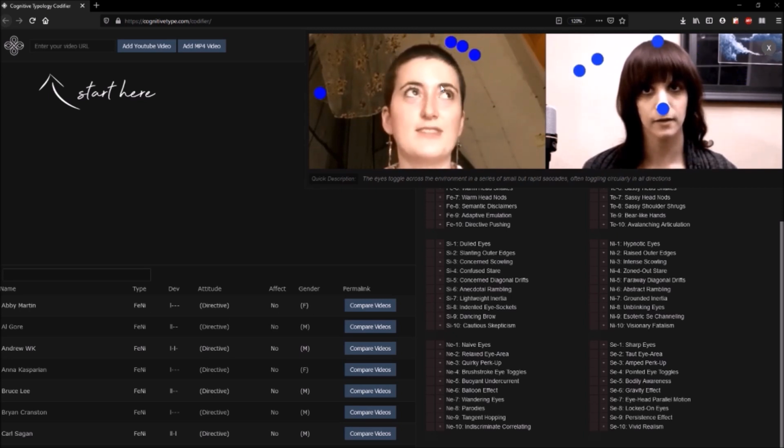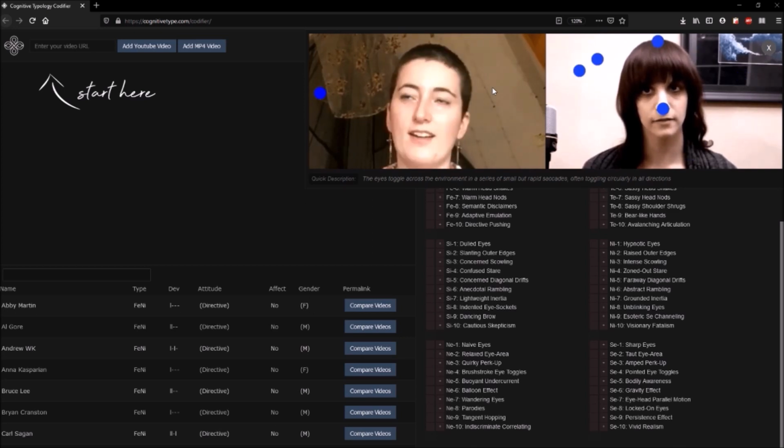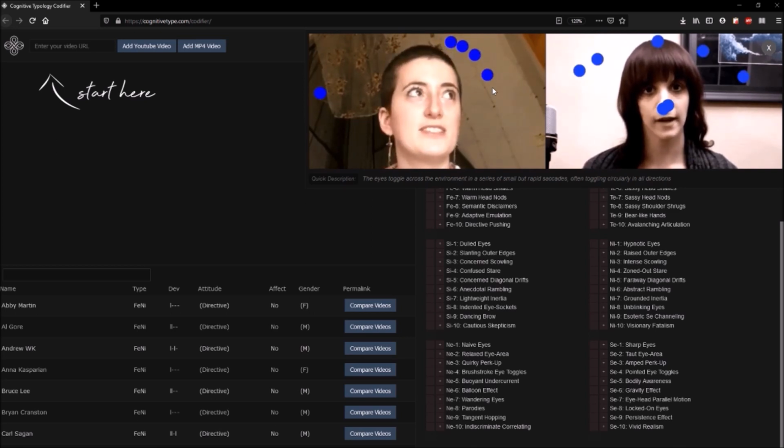So what happens is the eyes make these very small little movements. The eyes, as it were, just trail across the scenery in a series of very small tiptoes. And so this is part of the reason that they're called brushstroke eye toggles. If you can imagine a painter gently going over a canvas with a series of little brush strokes here and there, that's somewhat of the movement that we see with the NE eyes.